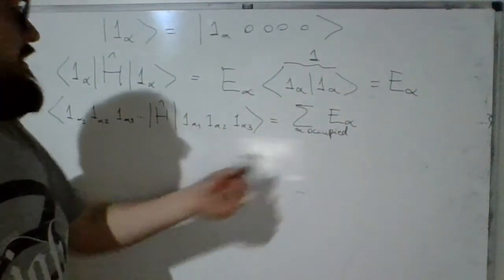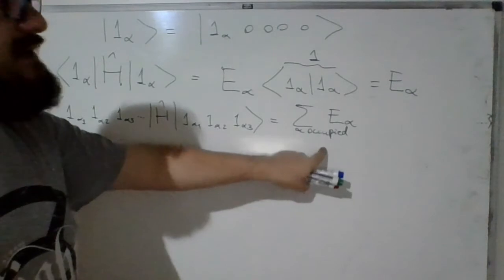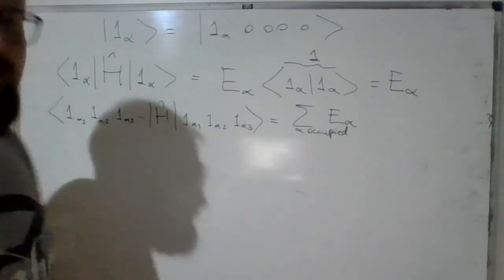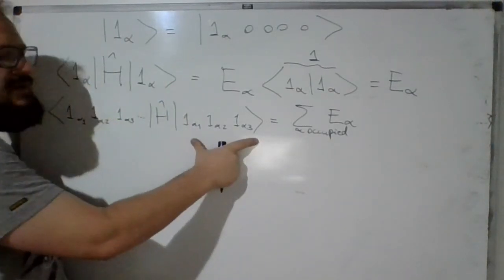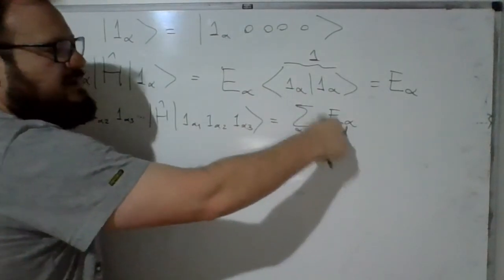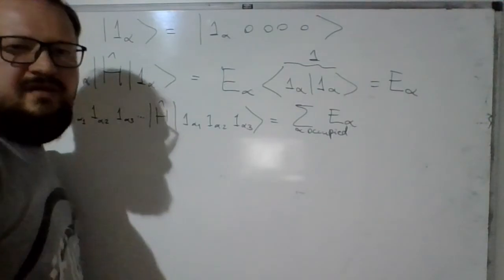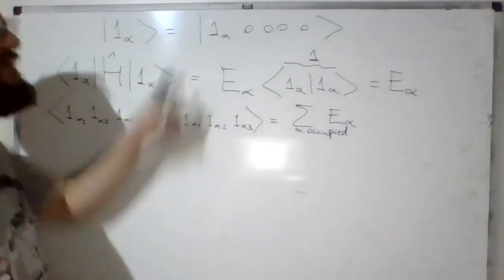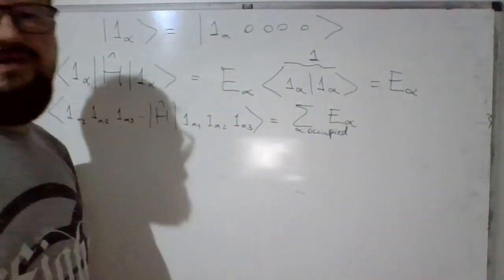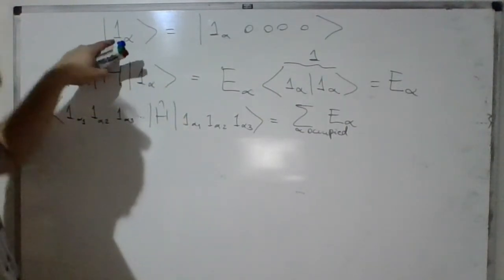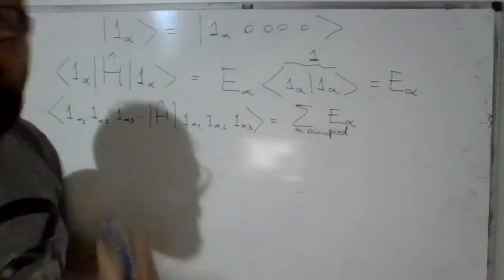So your average of the second quantized Hamiltonian given the number representation is just the summation of the energies of the occupied states. If fermions, you could only have ones and zeros for the states. So a state alpha could be occupied or unoccupied.